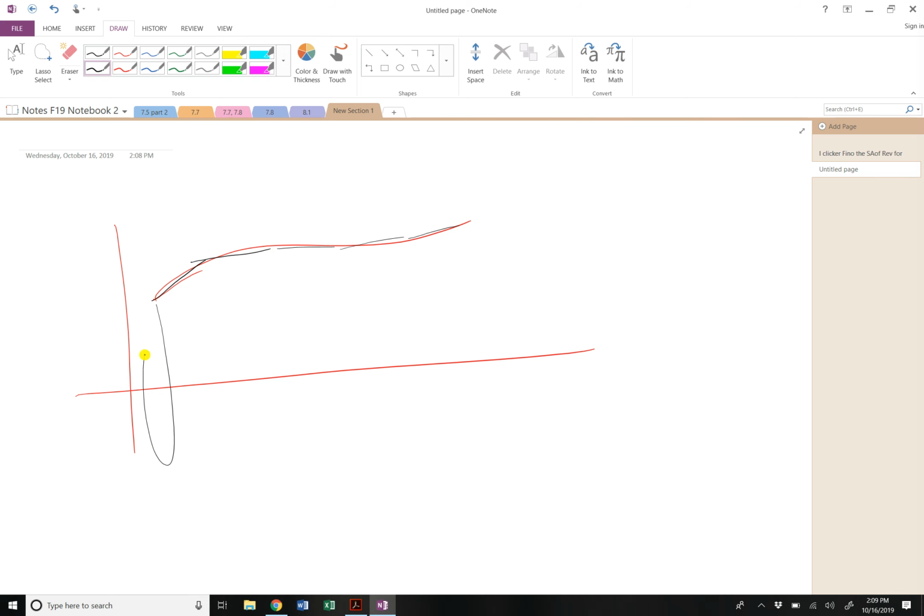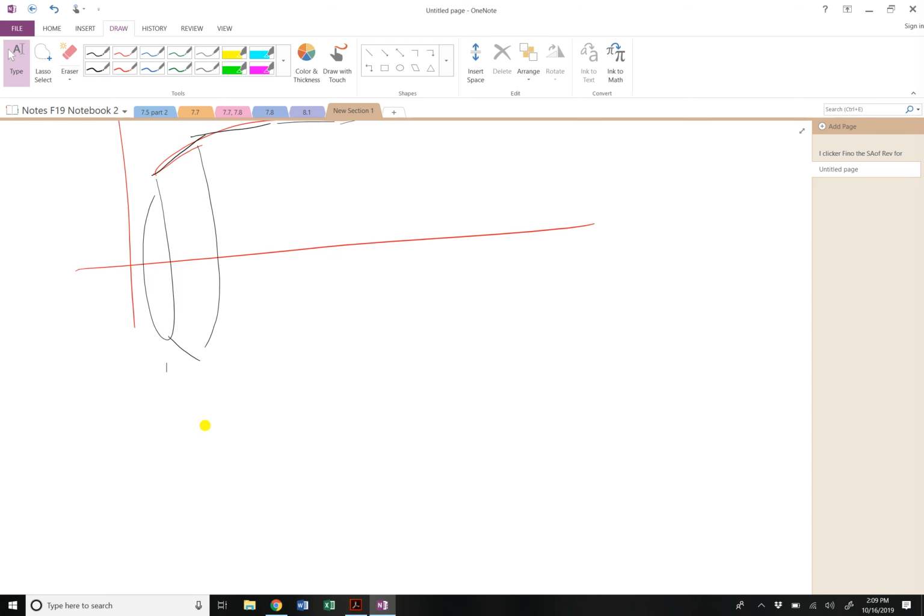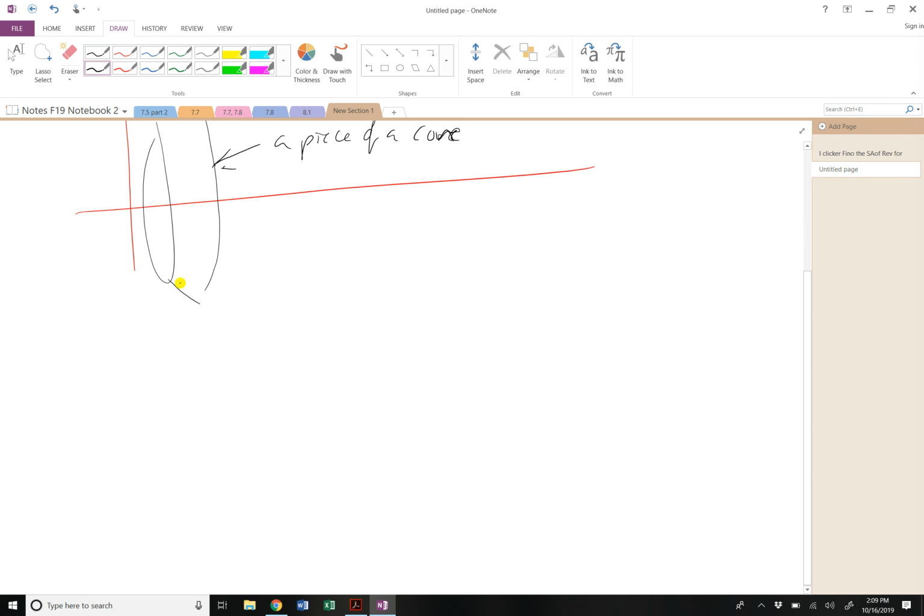And then we can spin those line segments around, and what we get is a piece of a cone. So you can use your surface area of a cone formulas to figure out how much this is. It depends on what this radius is. We can call that R1, and what this radius is, we can call that R2.